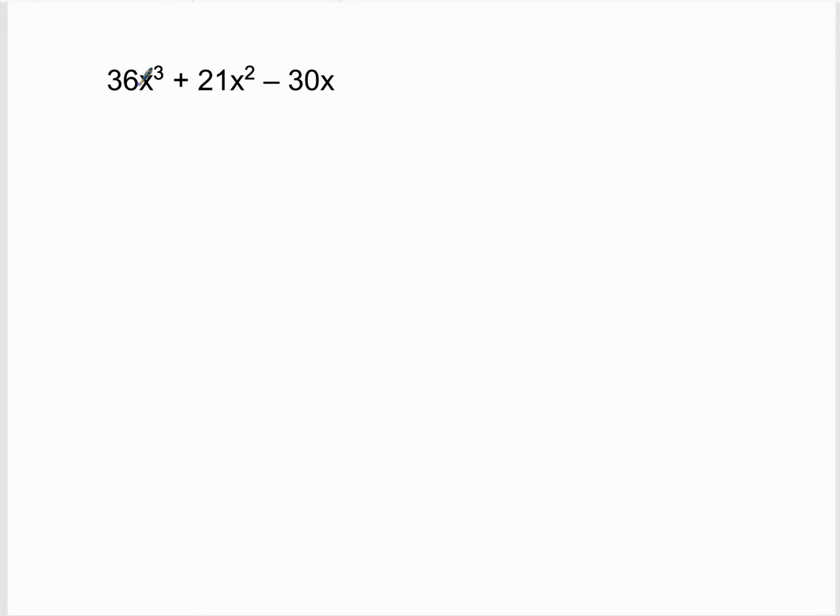The number that will go into 36, 21, and 30 is 3. So I can factor out a 3x out of my entire trinomial. And that would leave me with 12x squared plus 7x minus 10.